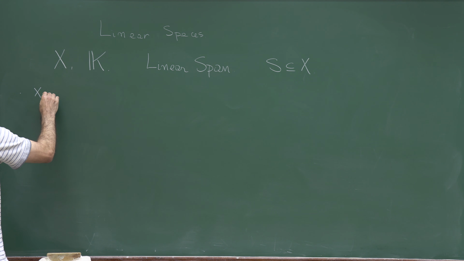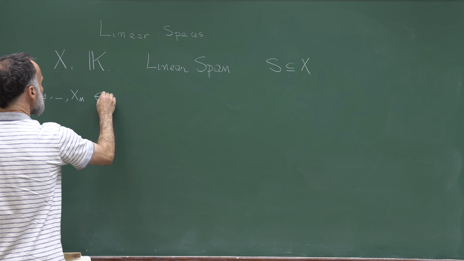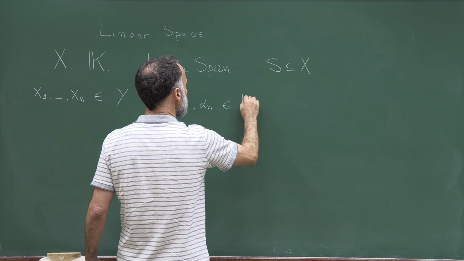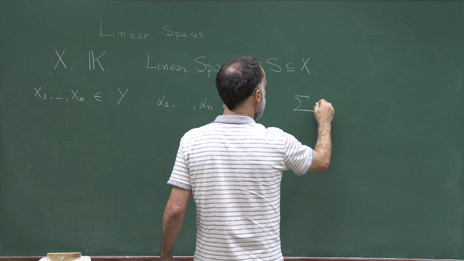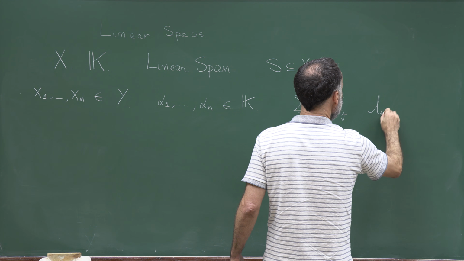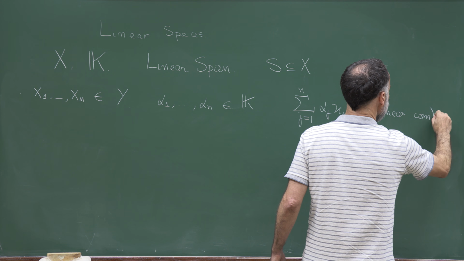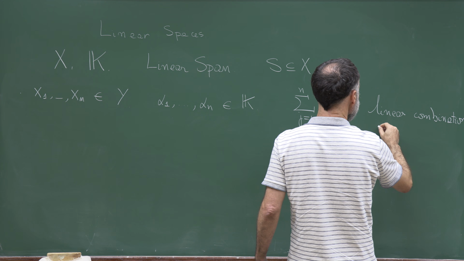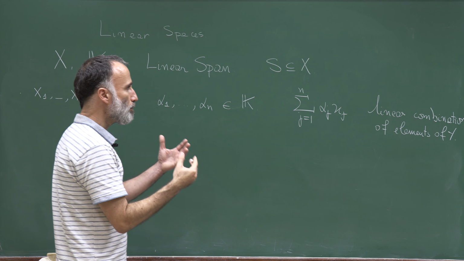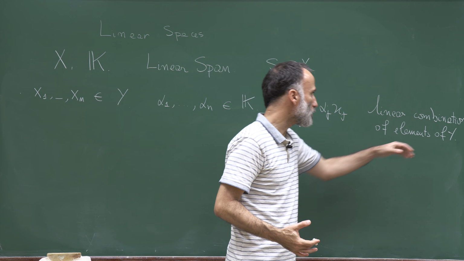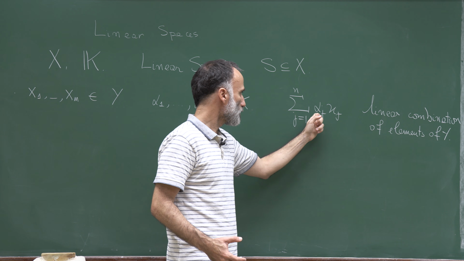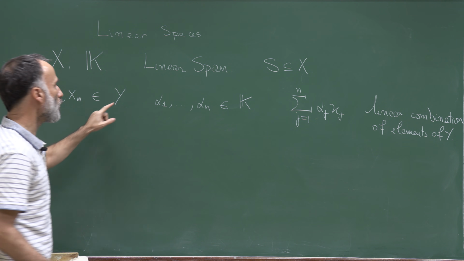If I have elements x1, ..., xn in a space Y, and alpha 1, ..., alpha n elements of the field K, I'll say that the sum of alpha j xj, for j from 1 to n, is a linear combination of elements of Y. So when I say that I consider a linear combination of elements of a set Y, what I mean is that these elements can be formed as finite sums of the multiplication by a scalar of elements in Y.